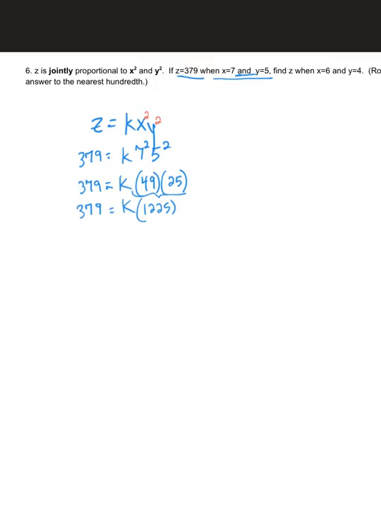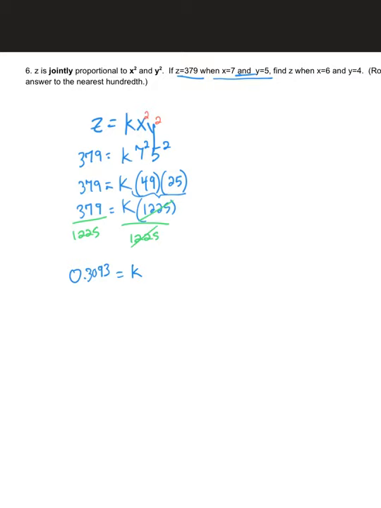Then we want to divide by 1225 to get k by itself. We get k equals 0.3093. That would round differently, but you just need the 4 decimals again.